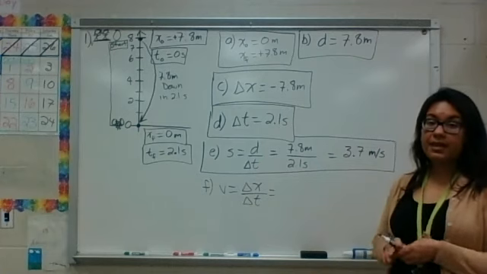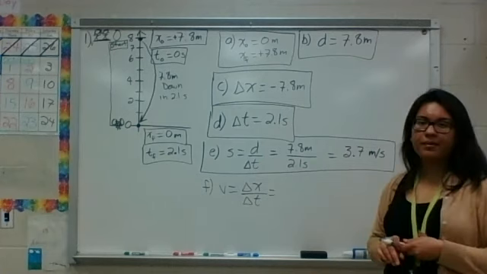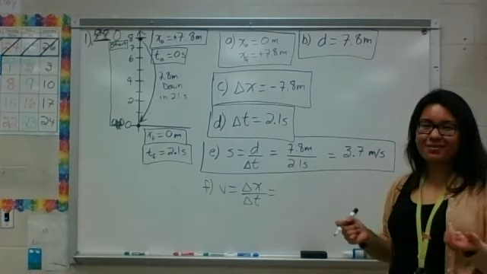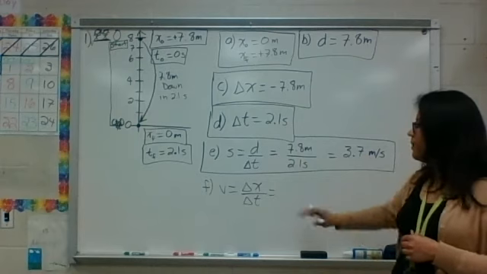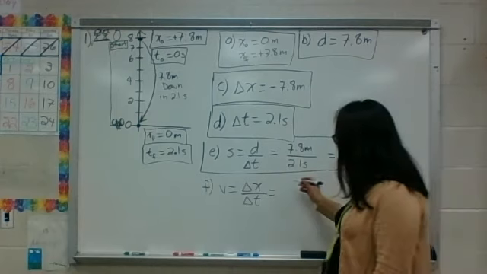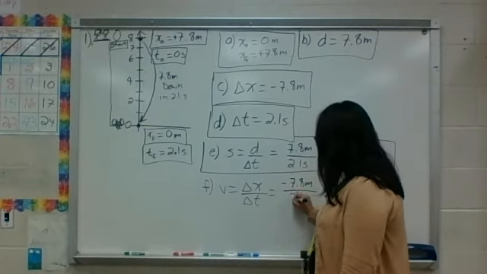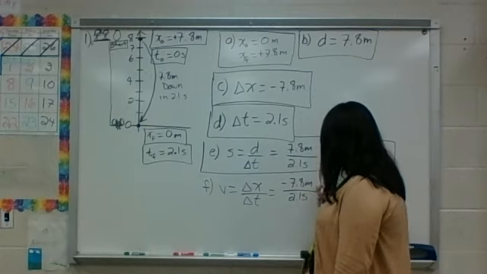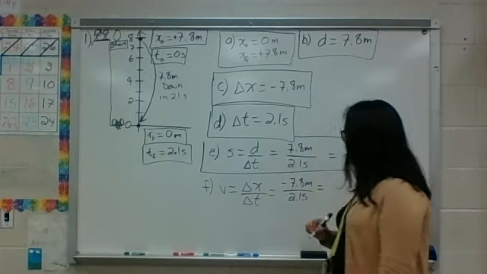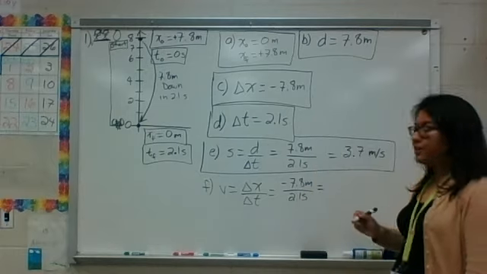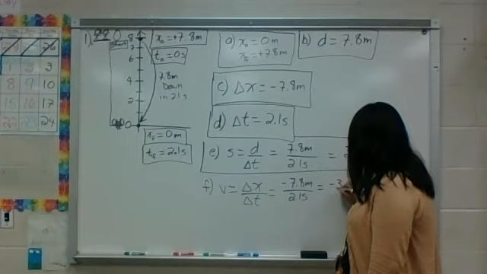So the displacement, again, we already figured this out earlier in the problem. That's exactly why I had you guys do this, so that you'd be able to figure this out. Now we're just going to plug our numbers in directly. Negative 7.8 meters divided by 2.1 seconds. And that is going to be equal to negative 3.7 meters per second.